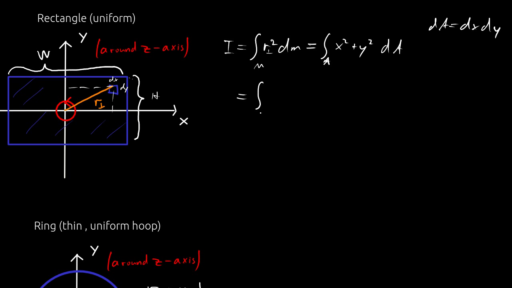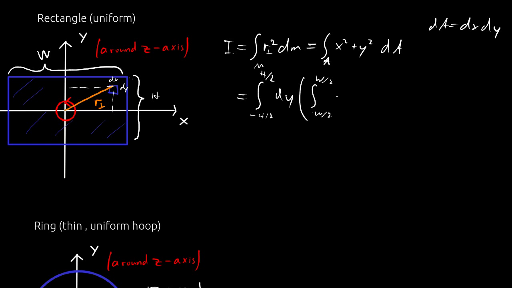Let's first integrate over dy. So for dy we integrate from minus h over 2 to h over 2. And now for dx, we're going to integrate from minus w over 2 to w over 2.